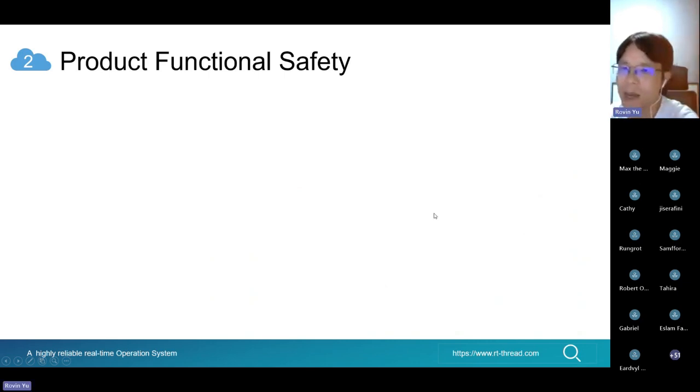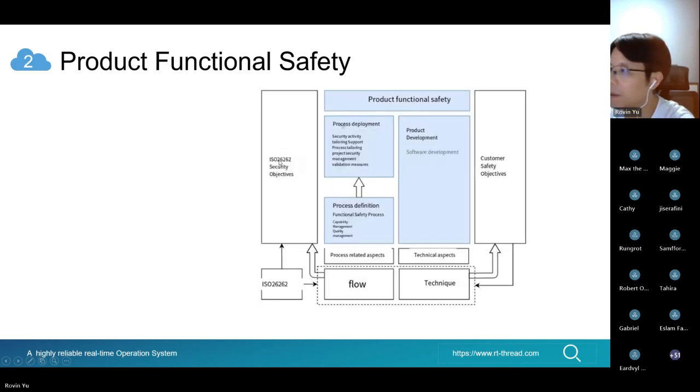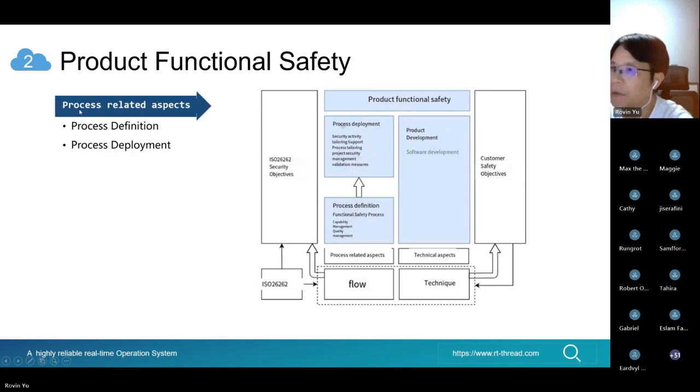In these slides, I will show product functional safety development. We can see in this diagram, product safety development involves 2 parts, a technical part and a process part. For process-related aspects, it includes process definition and process deployment.